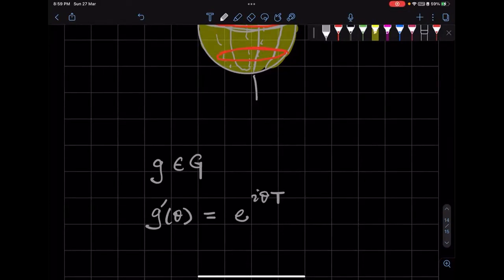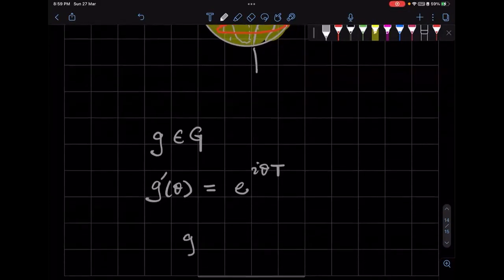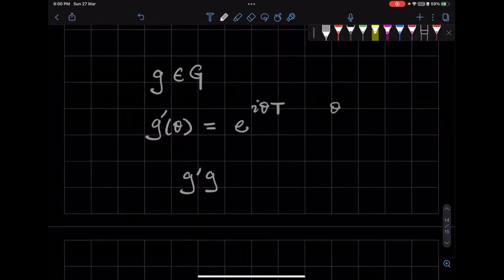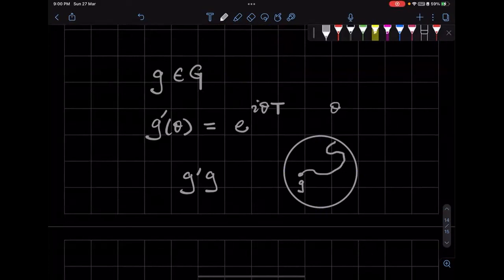Now, if I now apply G prime on G, then basically, as I change theta, what I do is that I move around the group manifold, right? So if this was, say, G, as I apply G theta, I move around the group manifold.